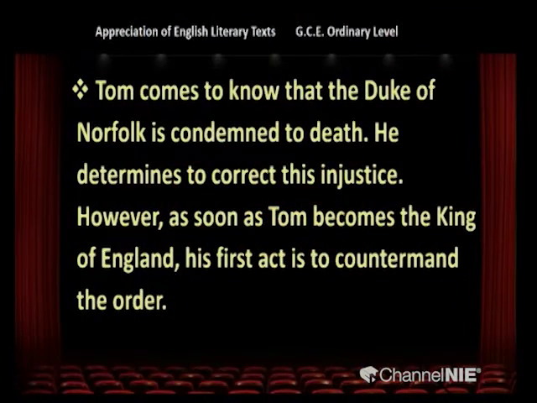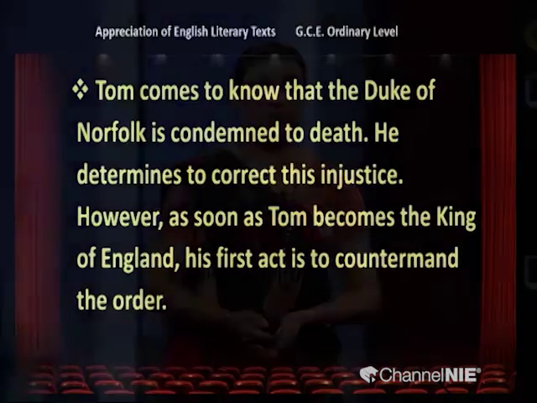The king is very old now, he is on his deathbed. Tom comes to know that the Duke of Norfolk is condemned to death. He determines to correct this injustice. However, as soon as Tom becomes the king of England, his first act is to countermand the order.